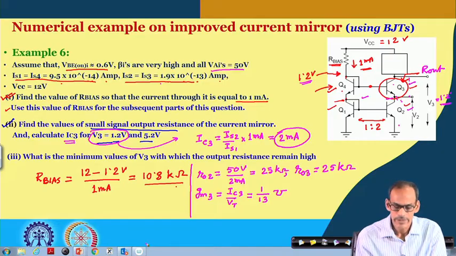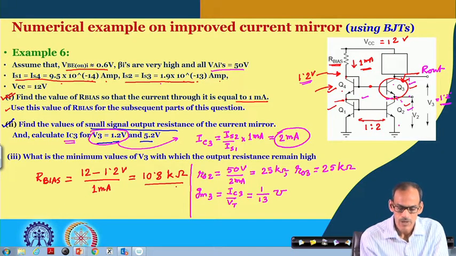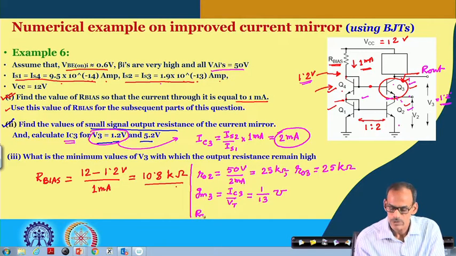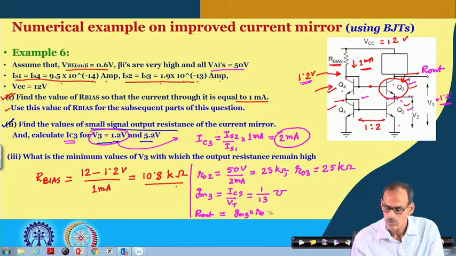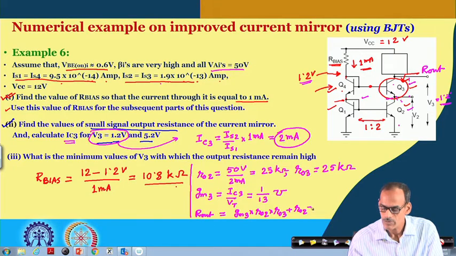In fact, that gives us the output resistance Rout equals gm3 into RO2 multiplied by RO3 plus RO2 plus RO3.